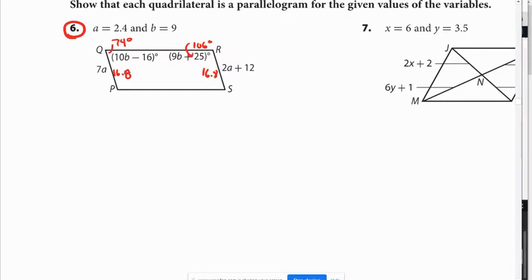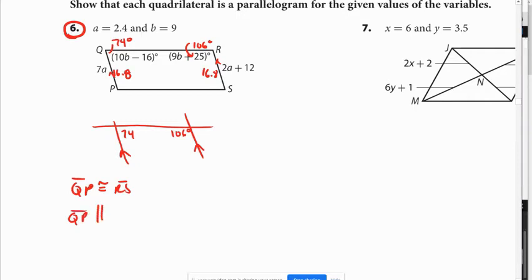Okay, and so what we have is 74 and 106, those are supplementary. So same side interior angles are supplementary. That makes these two lines parallel. So now we know that QP and RS are parallel. So we can say QP is congruent to RS because they both have the same length, 16.8, and also QP is parallel to RS.